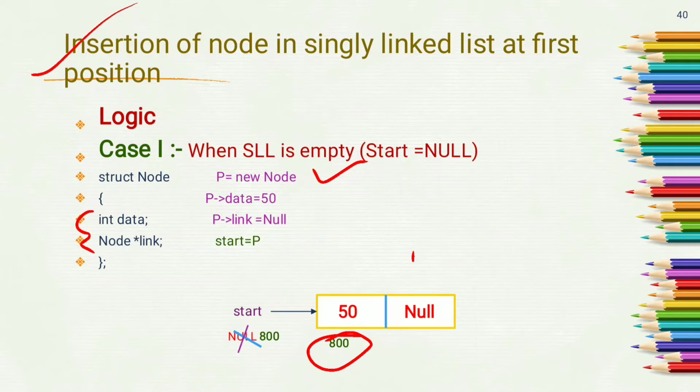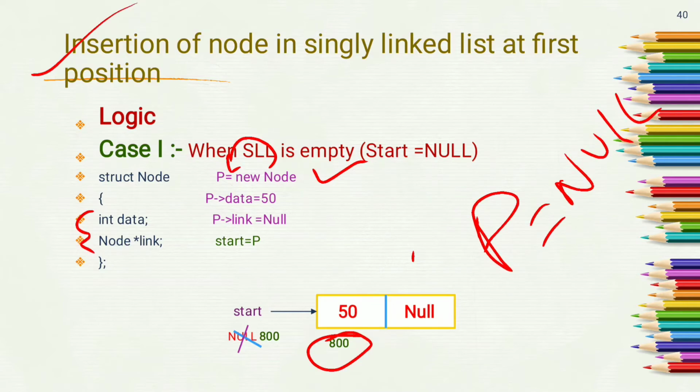If the memory allocated to this node starts from address 800, then this 800 will be stored in p. And if the memory is not available in the computer to create this node, the value null will be stored in p.